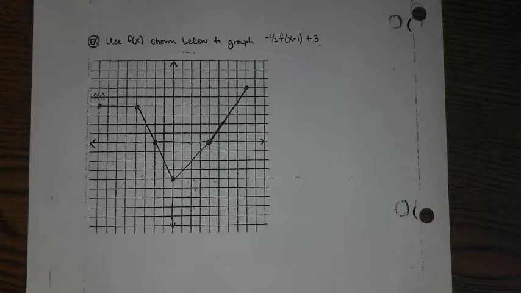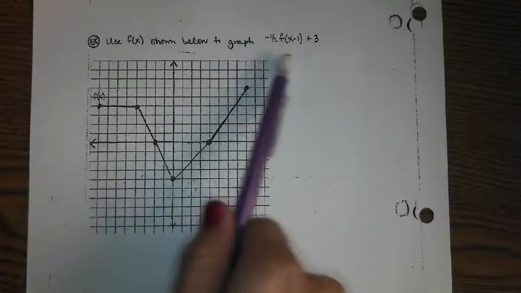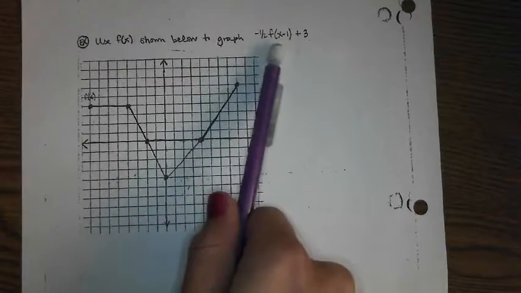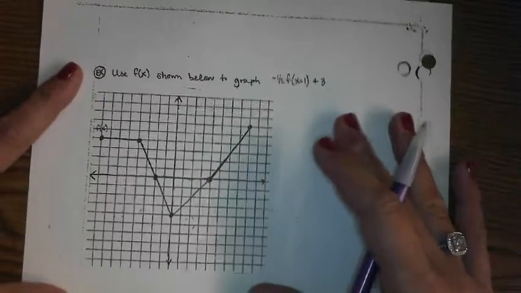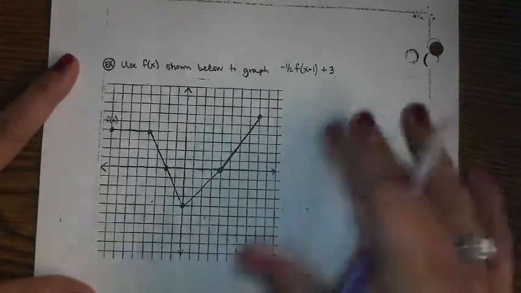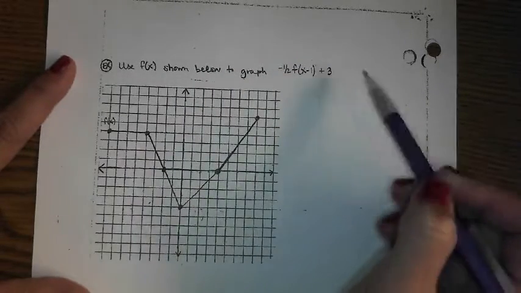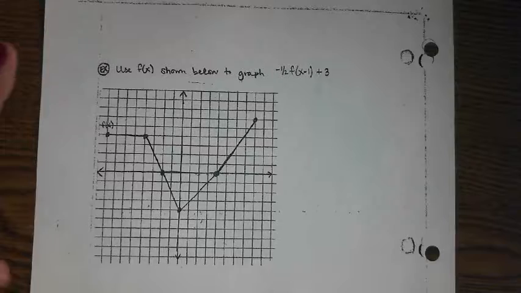Is this exactly what we just did, right? -1/2 f of x minus 1 plus 3. I took the exact same function and gave you just a generic picture of this, so that we are going to take this picture and do those things in the order that we just specified, okay?